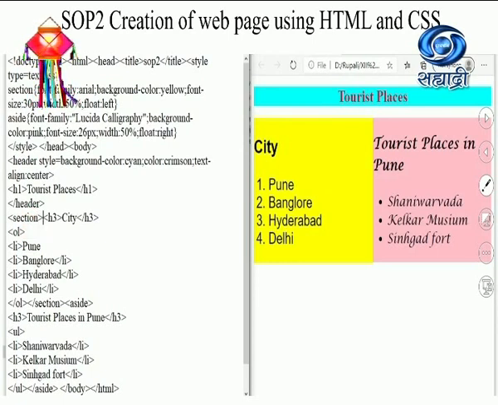For displaying the cities I have used the left section over here, and for tourist places I have used one more section that I have specified by using aside. So aside will keep my tourist places on the right hand side. So how I have aligned this, just observe.